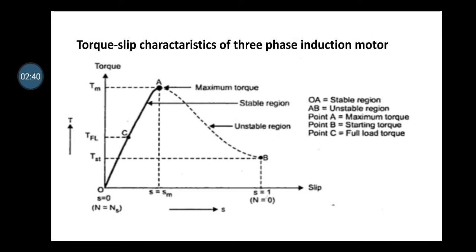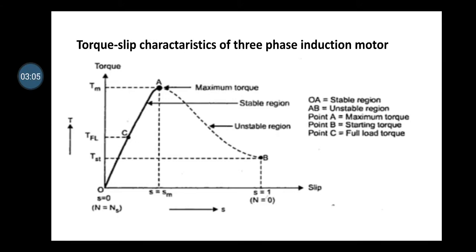Now this is the torque slip characteristics of a three-phase induction motor. This is the characteristic plotted between the torque and the slip. The torque is plotted on the y-axis and slip is plotted on the x-axis.